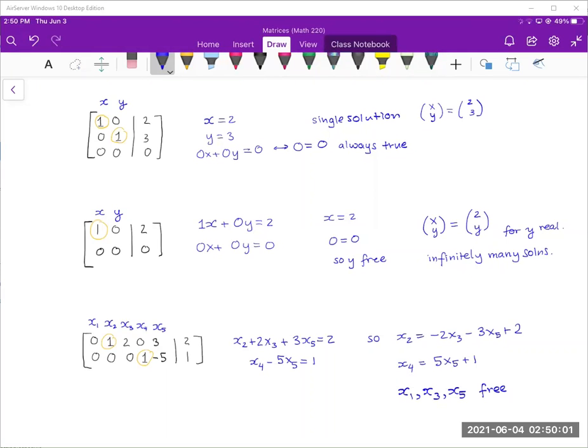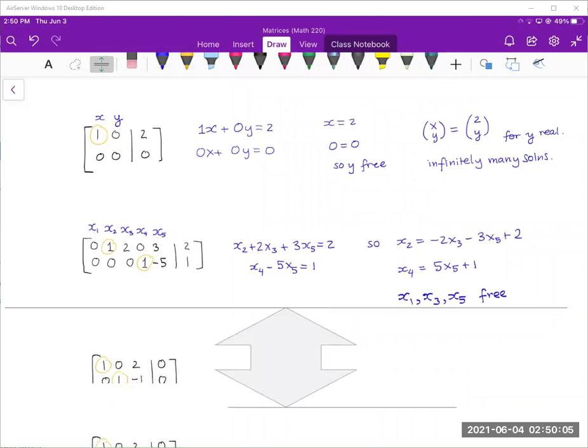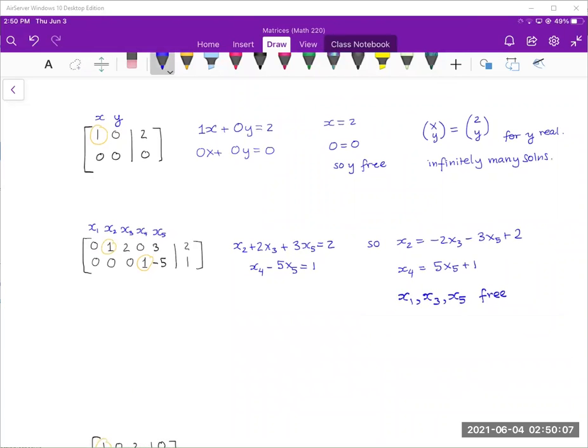And if we want to write down our solutions, we can use a 5 tuple. Our free variables, we're just going to write as themselves.